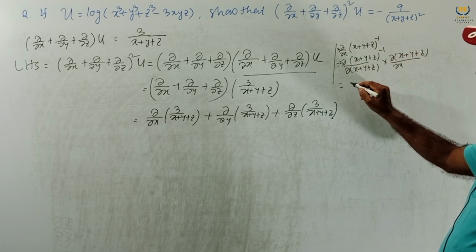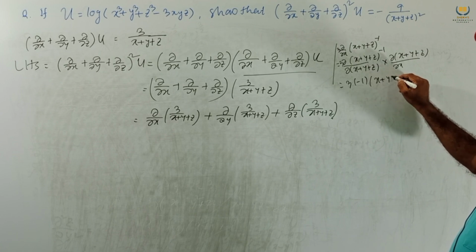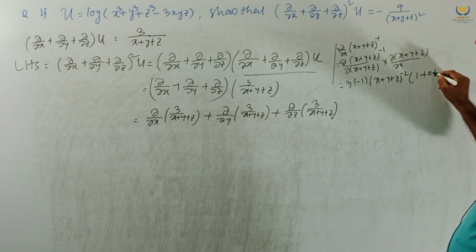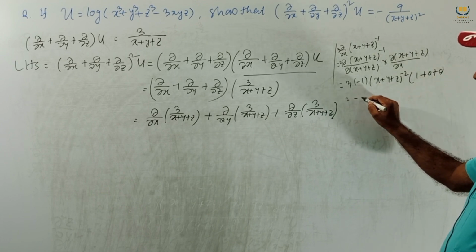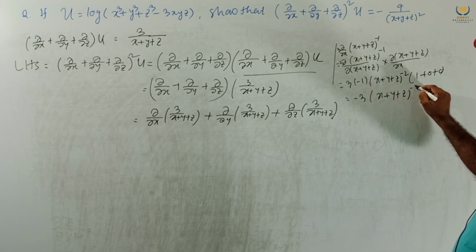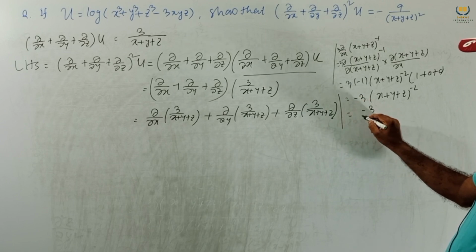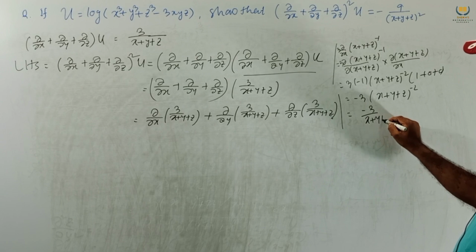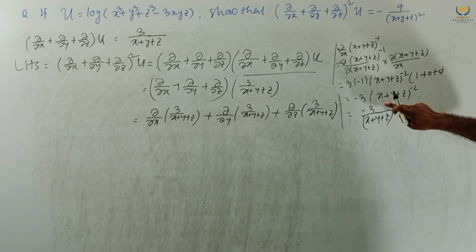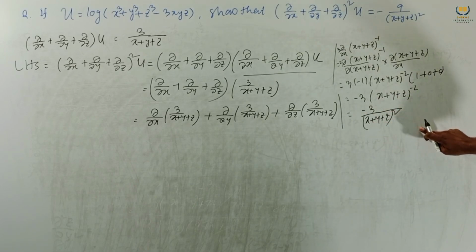This is minus 1, 3 into minus 1 and x plus y plus z whole to the power minus 2. This is 1, others will be 0. So we get minus 3 x plus y plus z whole to the power minus 2, or we can write minus 3 by x plus y plus z whole square. So the numerator is free from x, y, z, and the denominator is x plus y plus z whole square.